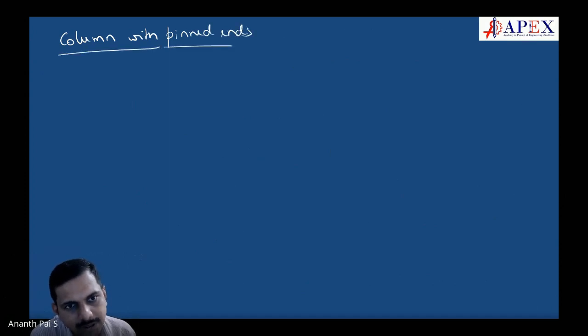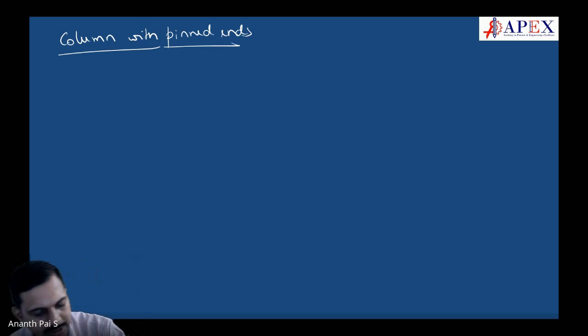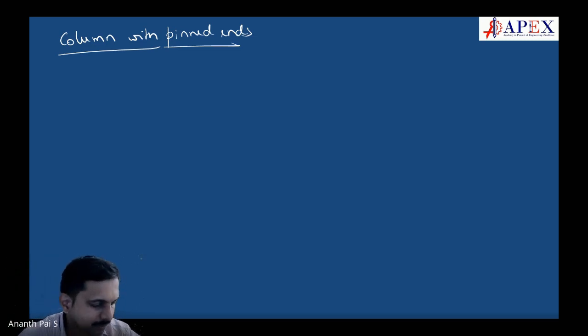So if you have a column which has ends pinned, what is happening here? The column has the pinned end. This is pinned here with a roller so that it will move downwards.